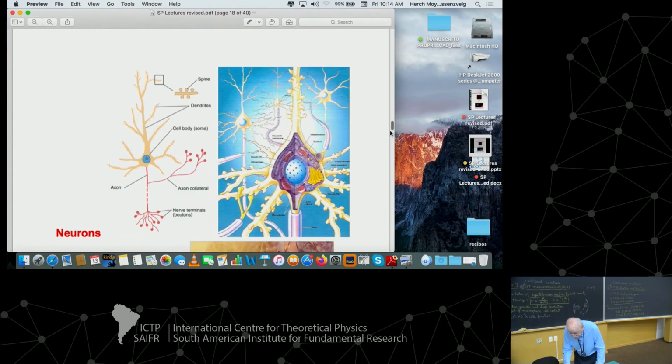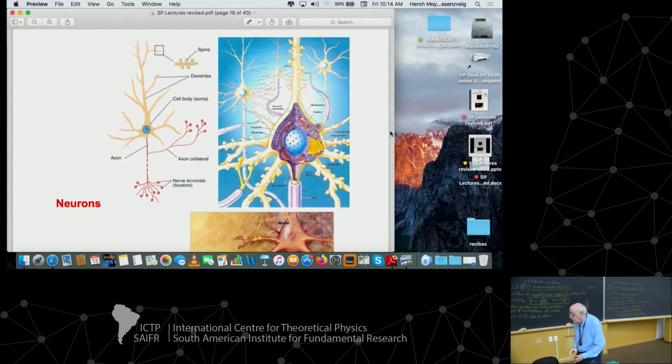Now, I'm going to talk about a connection with neurons. So first, some pictures of the structure of neurons. As you know, they have a cell body called the soma, and then they extend dendrites, which have several lateral branches called spines.